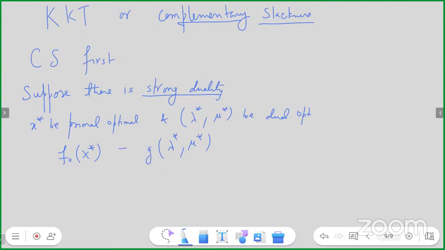Yeah, that's the whole point. Okay. Now, what is g by definition? This is equal to the infimum over x of L, where L is nothing but f0 of x plus lambda star f1 of x plus mu star h of x.